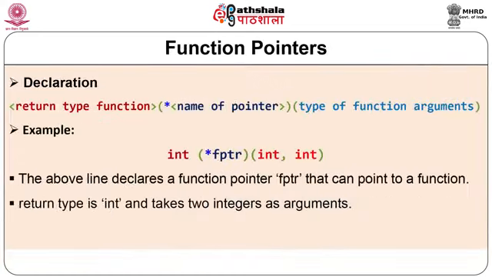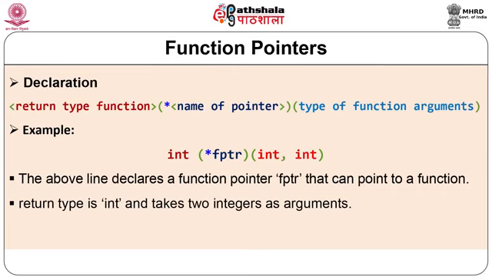Let us see function pointers. Function pointers are similar to pointers to characters or pointers to integers, etc. We can have pointers to functions. Function pointers can be declared with the syntax: return type, (*name of pointer), type of function arguments.